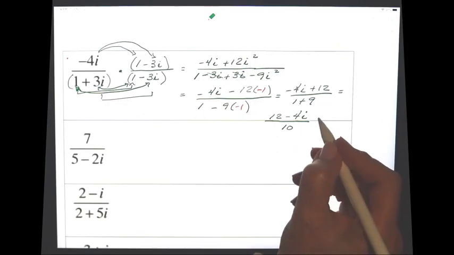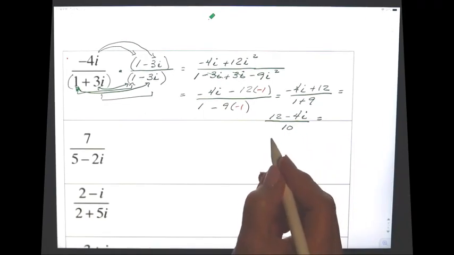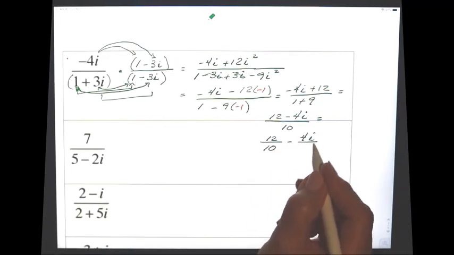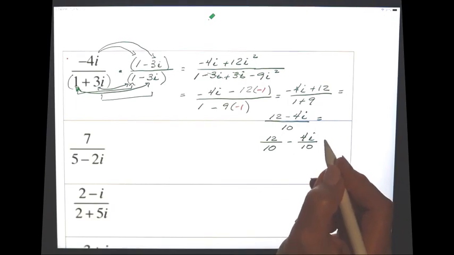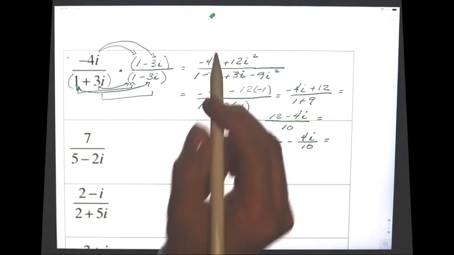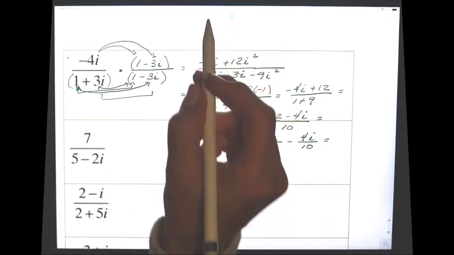Again, that's a good answer, but generally you want to take that and split it into a real part and an imaginary part. And of course here you can see that the real part reduces down to 6/5, and you would always want to do that.